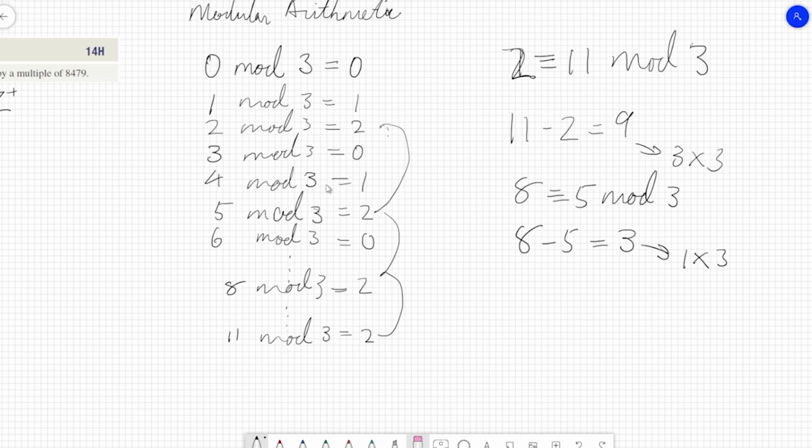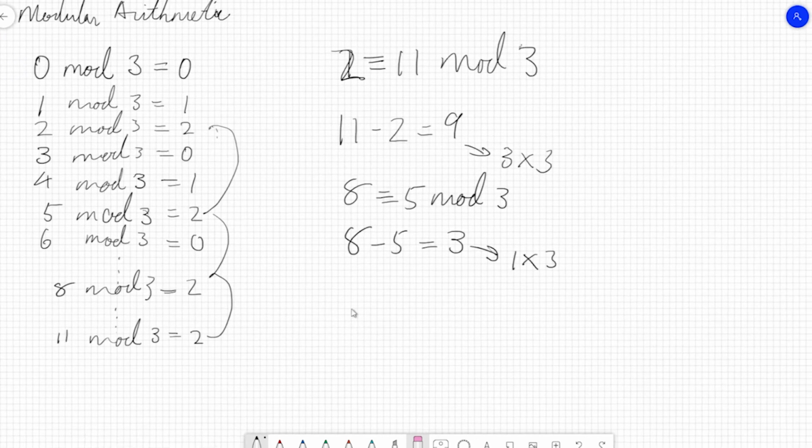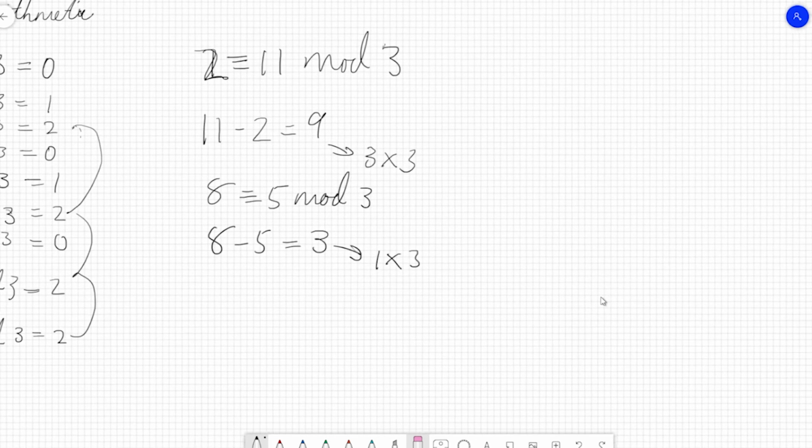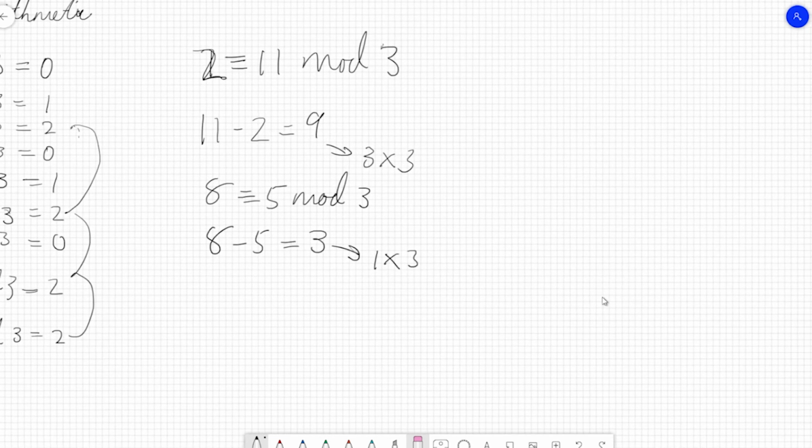It's a cycle of 3 because you divide by 3. That means all the numbers that produce the same remainder, because of the size of the cycle, will always have a difference that is a multiple of the modulus, so in this case, 3. Now it works for everything else as well. For example, 6 mod 5 equals 1.